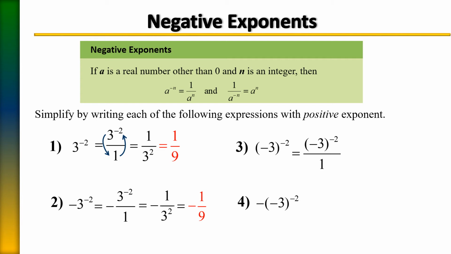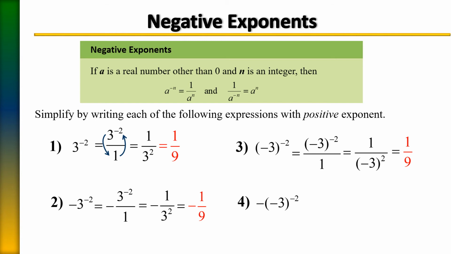So when you flip it, it's going to become 1 over negative 3 squared. Notice the 2 is now positive, so all I need to do is solve it, and that's going to give me a final answer of 1 over 9 because negative 3 squared is 9.